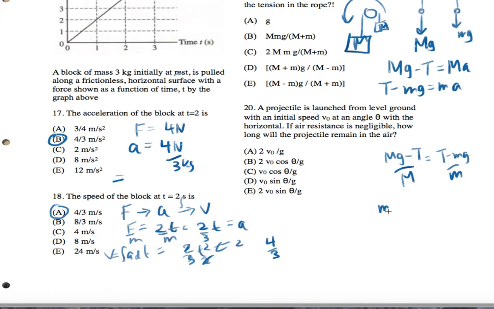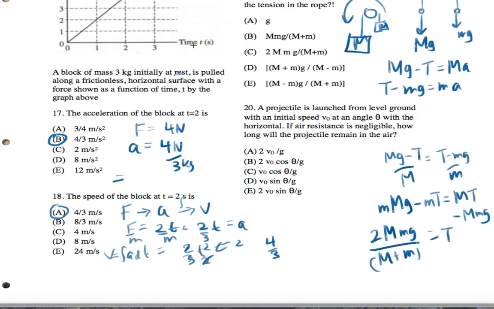That's going to give me big M little m g minus little m times T equals big M times T minus big M little m times g. So I'm going to end up getting 2 big M little m g over (big M plus little m) equals the tension when you actually do that algebra, which I absolutely expect you to do on your own. So that choice is going to be C.